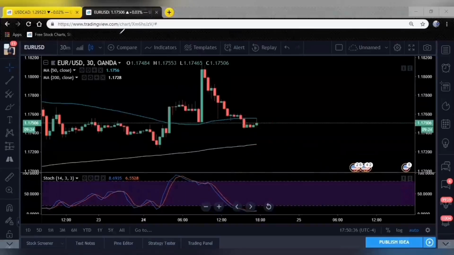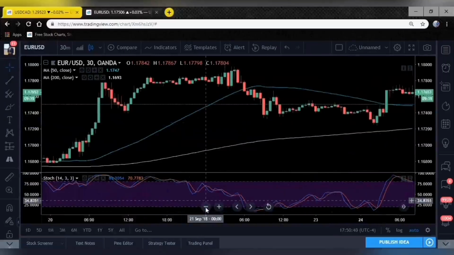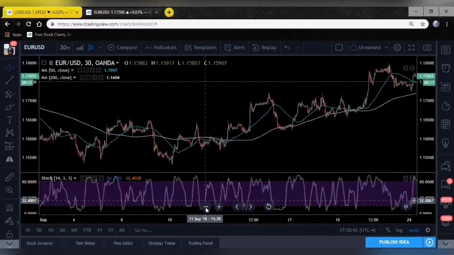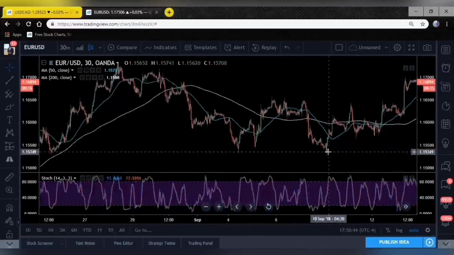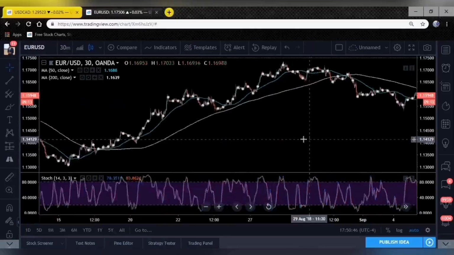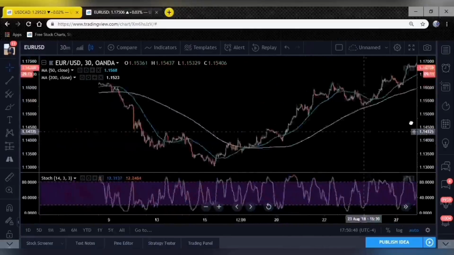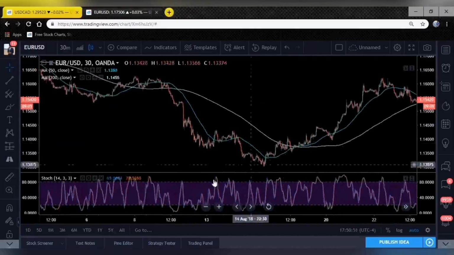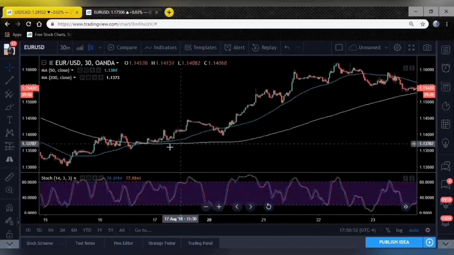Another major indication you could have within the moving averages is when they cross. I showed an example earlier where the moving averages crossed to create that momentum.